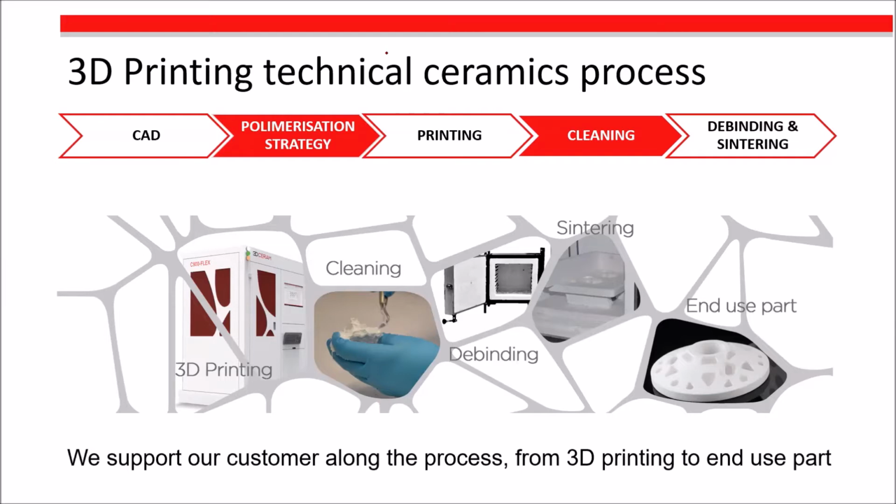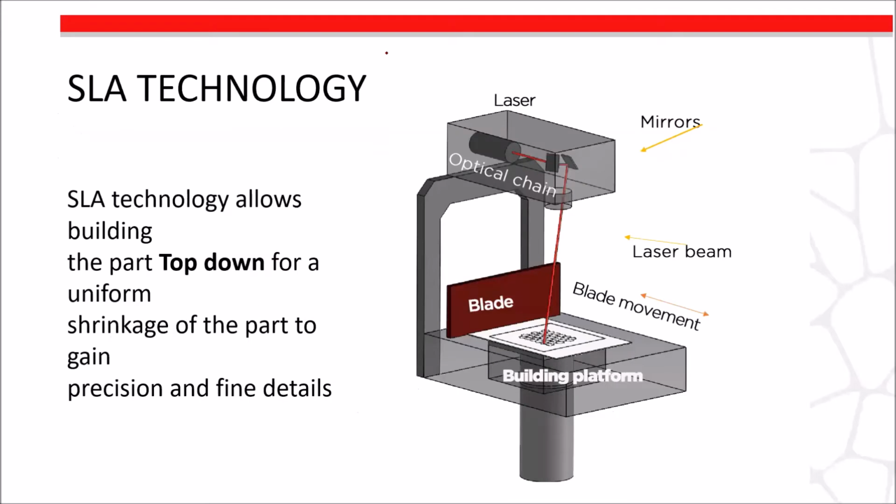Next slide, please, Phil. Thank you. Okay, just a simple drawing about SLA technology. As you can see, the laser, it's a UV laser, polymerizing the part from the top. And you have blades to spread each layer, so you can adjust the layer thickness for your parts.